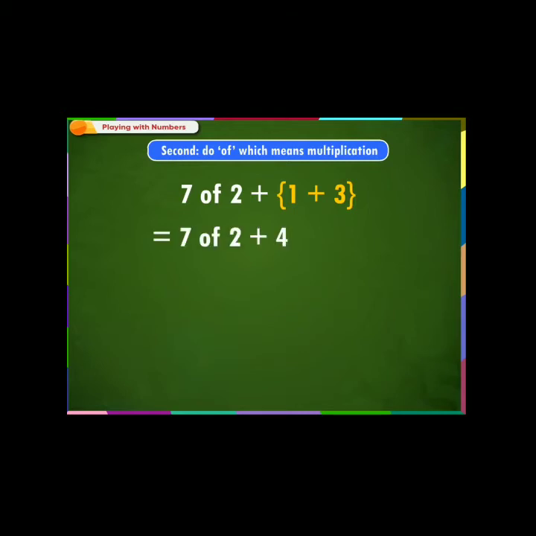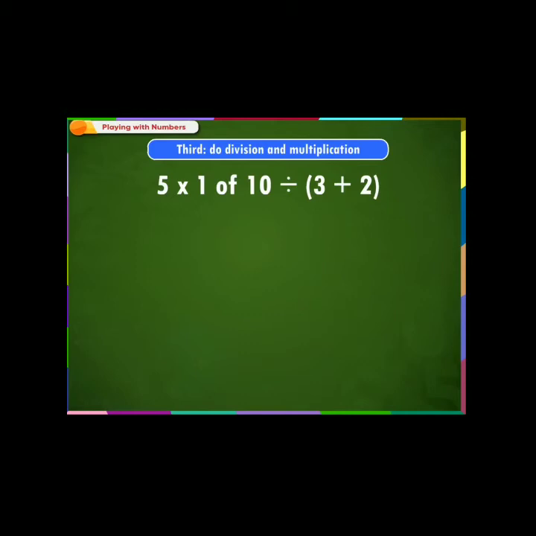Therefore, 7 of 2 plus 4. Now, we will solve 7 of 2, which means 7 multiplied by 2, which gives 14 plus 4, equal to 18.